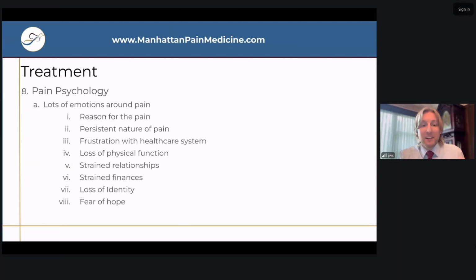And everything with pain psychology that I just went into, lots of emotions around pain, lots of ways that it impacts a patient's life. All of these cause feelings, unconscious and conscious, that affect the patient's engagement with care and response to treatment.